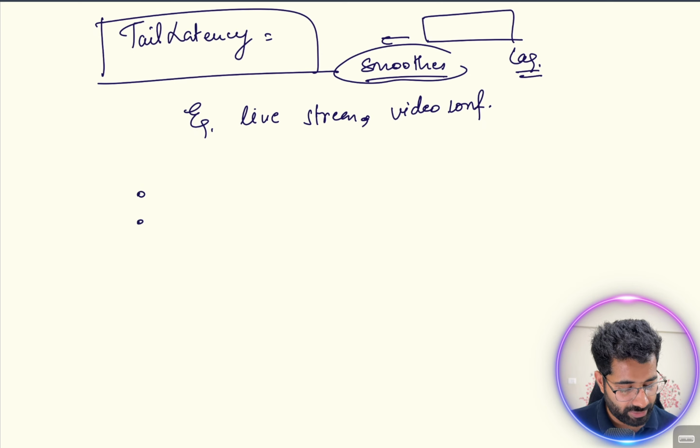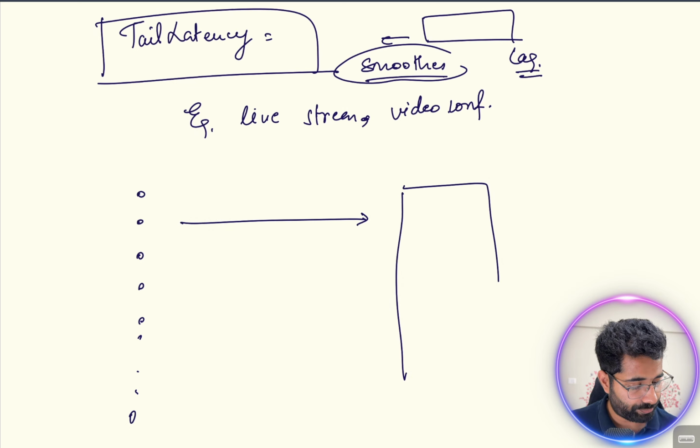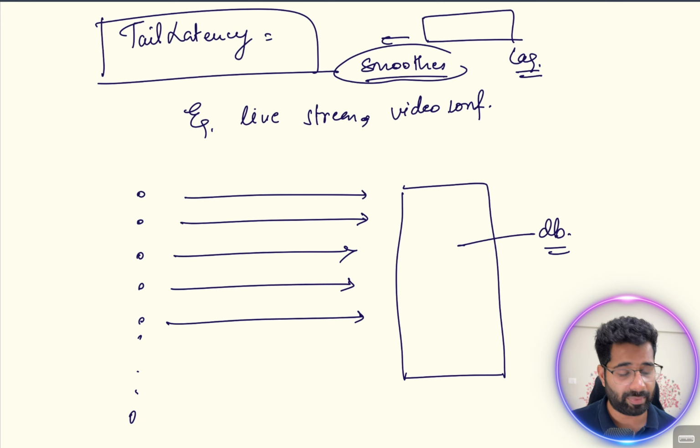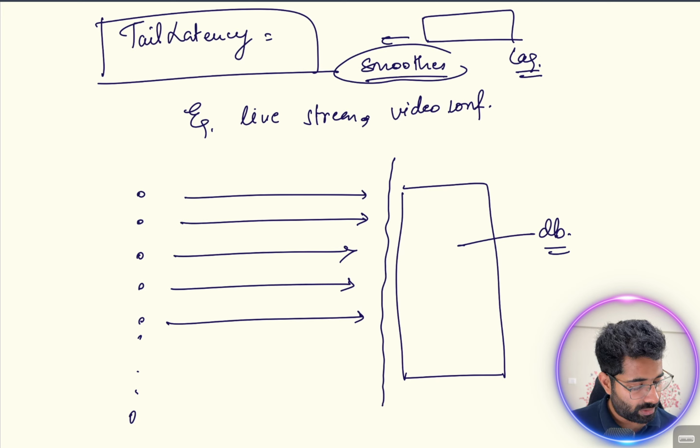Now, there are some use cases where we actually introduce jitter in the system. Let's assume that you have 10 threads, and all of them are trying to access the same shared resource, let's say a DB. We spin up all the threads at the same time, and they try to access the resource at the same time. So a heavy load comes to the DB at the same time, and race conditions might also arise.